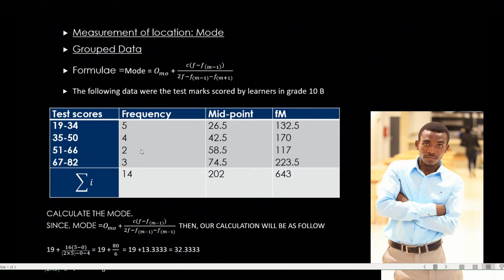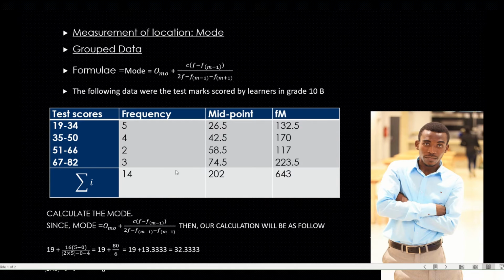And then from that, we are now going to find the class width. The class width is the difference between two lower class limits or the difference between two upper limits. So if we want to find it, we say 35 minus 19, and you're going to get 16.